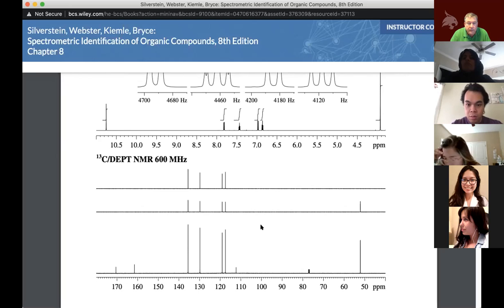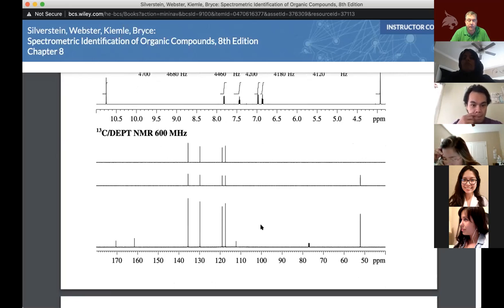Okay. What does the carbon NMR also tell us? Aromatic ring. Right, we have not only an aromatic ring, but we have a di-substituted benzene, because look at the DEPT experiment. These have 1s on them. This has 1 or 3. And we have 3 other peaks here that don't have hydrogens on them.